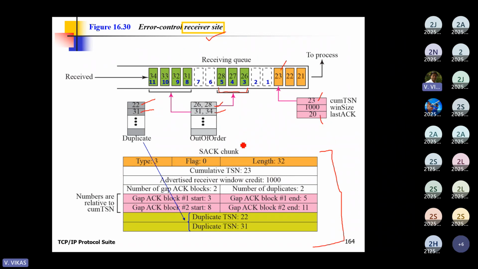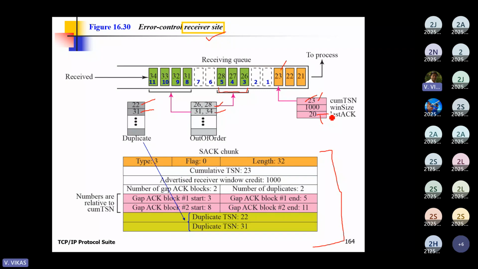Whenever I want to send a selective acknowledgement, I need to check whether the cumulative TSN value is greater than the last acknowledgement or not. In case that is true, then I am eligible for sending that selective acknowledgement, right?